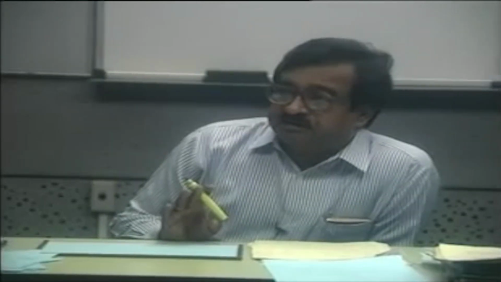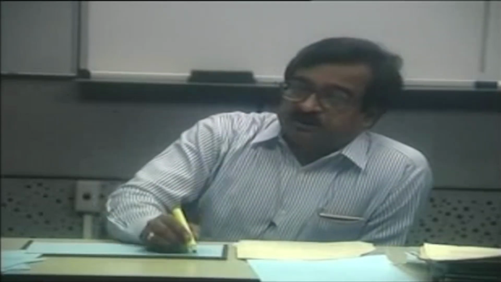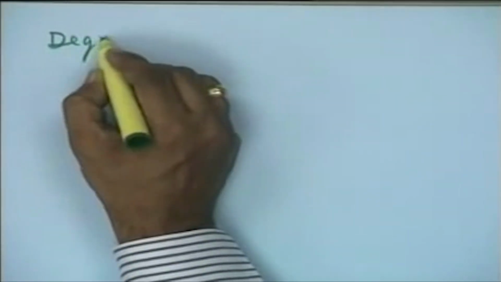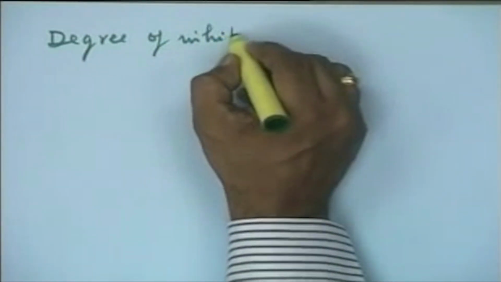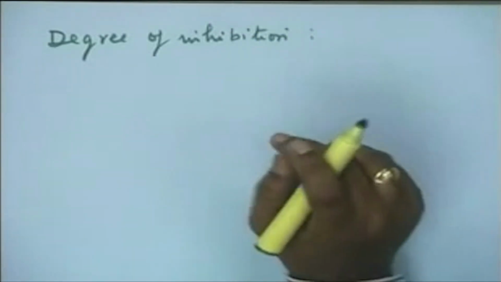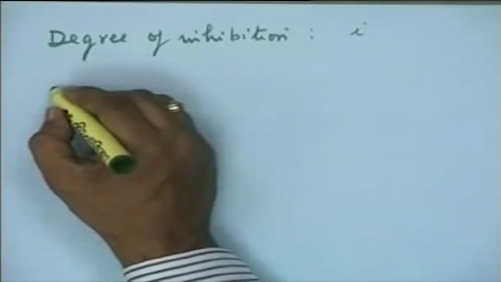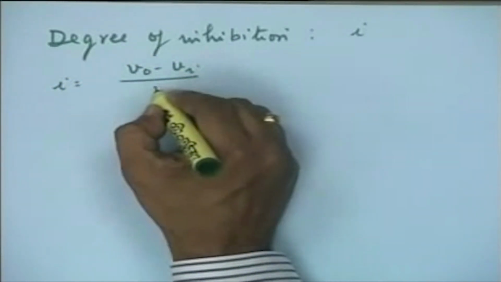Now, another general feature which gives you the characteristic of any type of inhibition pattern, as I mentioned, is the degree of inhibition. If we recall from all the rate expressions that we wrote for the different types of inhibition pattern, the degree of inhibition I is equal to V naught minus Vi upon V naught.